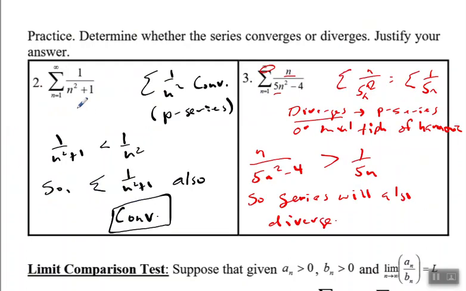I've already done all these. These can all be done by the simple direct comparison test. So this looks like 1 over n squared. That plus 1, again, really doesn't matter. We don't know what the sum of the infinite series 1 over n squared is, but I do know that it's a convergent p-series, since that power is 2, greater than 1.